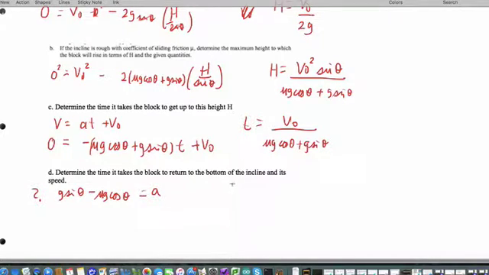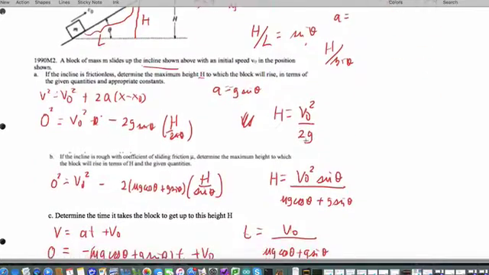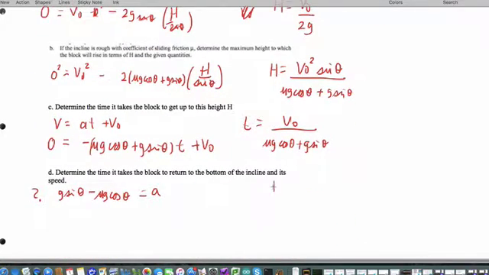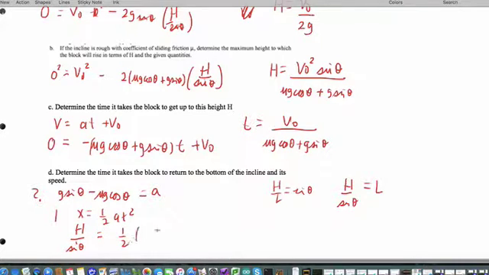And the distance that we're covering is, again, we know h over L equals sine theta, so h over sine theta is L. That's the distance that we're covering. So let's see if we can figure this out. x is 1/2 at squared.